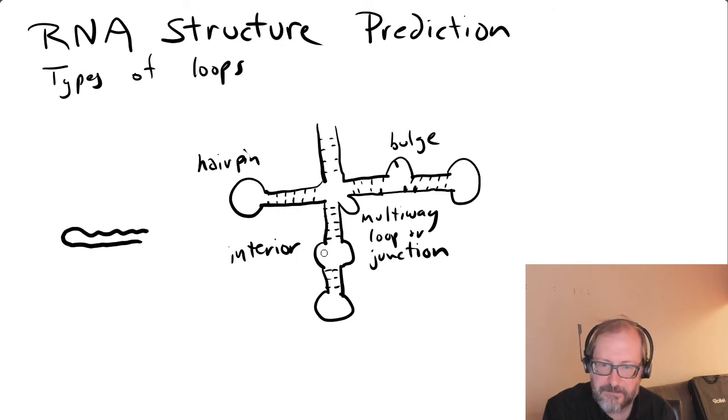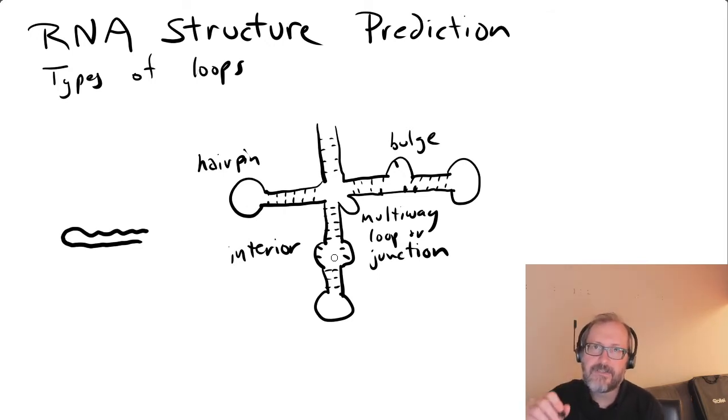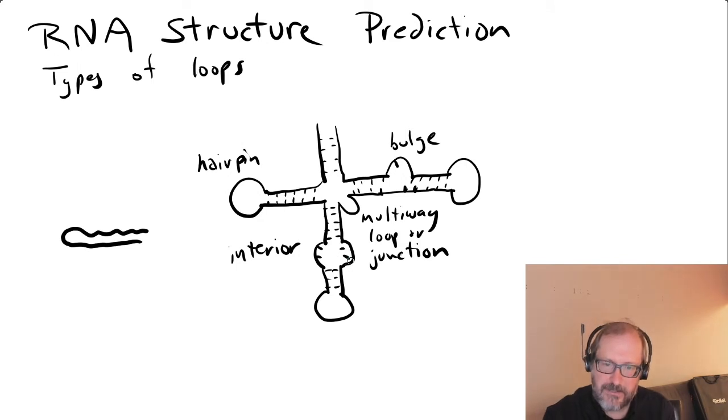Here you have both strands have bases that are not engaged in Watson-Crick interactions. Actually, I should have said that they're not paired. They're just not paired in a Watson-Crick fashion. They could have other non-canonical base pairings. So that's an interior loop that involves two strands.